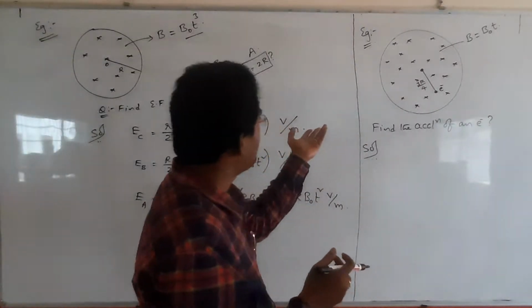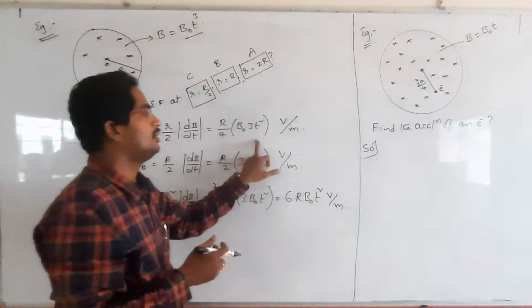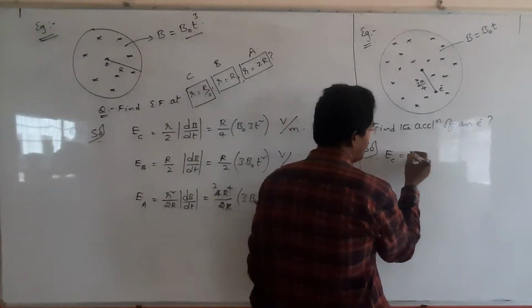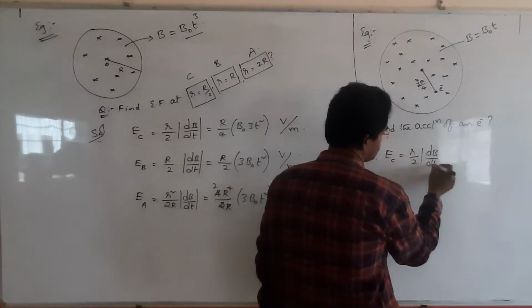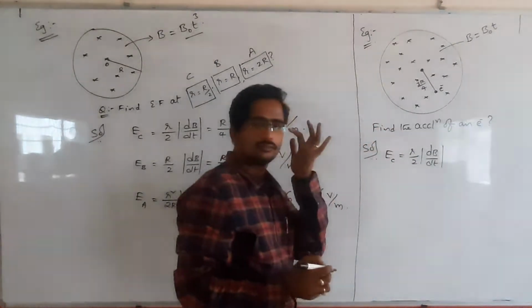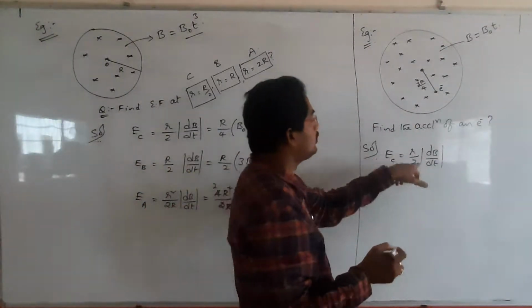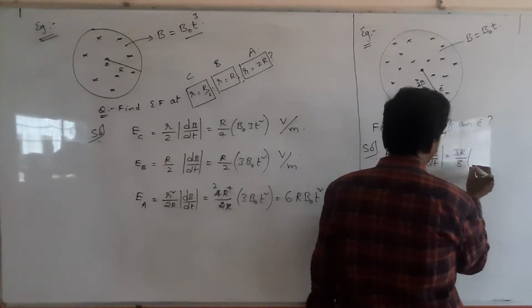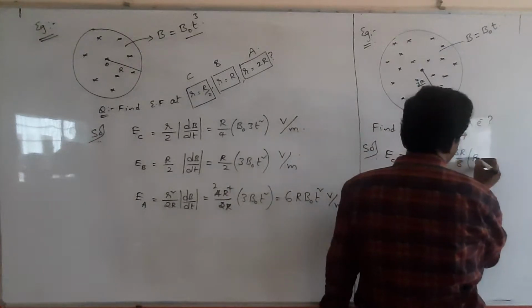At an inside point, what is the electric field intensity formula? So electric field at an inside point equal to r by 2 into dB by dt. What is the r value? 3R by 4. We are getting 3R by 8 into, what is the dB by dt? B naught.